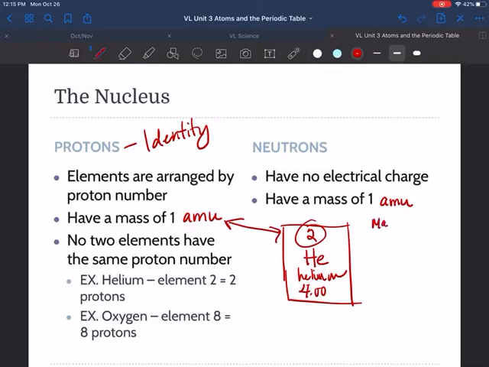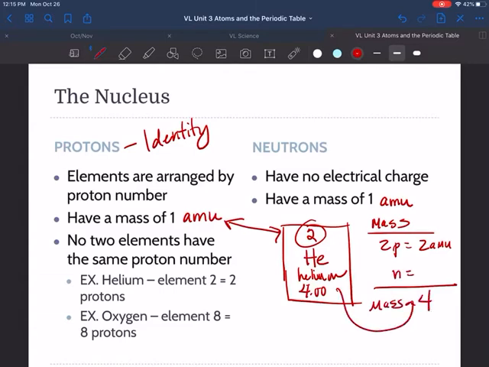So if I'm going to figure out the mass of helium, I know that 2 protons have a mass of 2 AMU. If I know that the overall mass is 4, how many neutrons does this have?